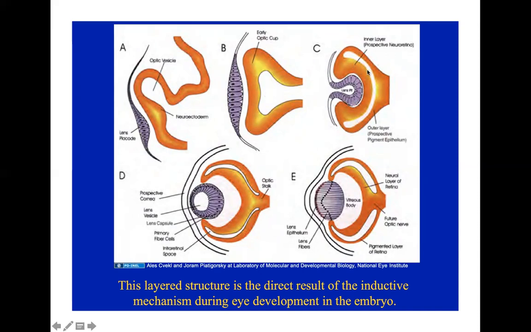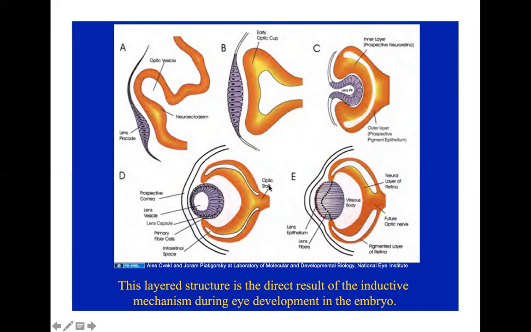The inner layer of the cup usually forms the nervous layer of the retina, what we call the neuroretina, while the outer layer of the cup forms the retinal pigment epithelium.